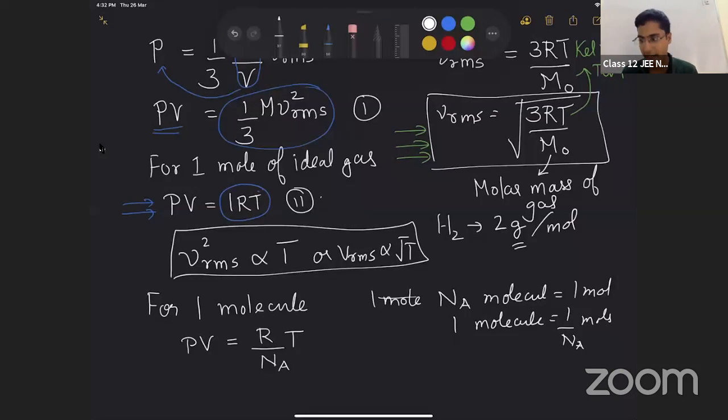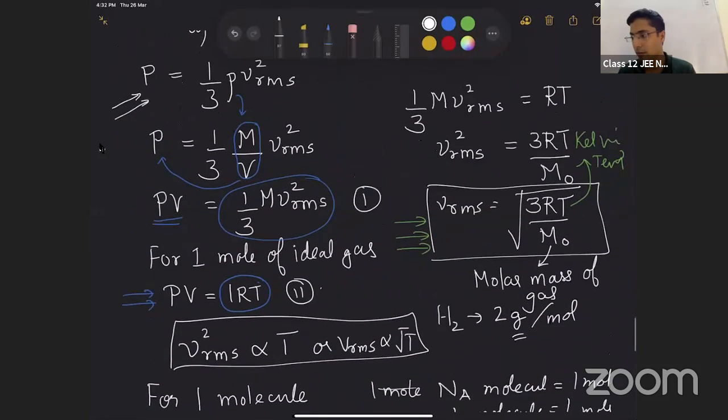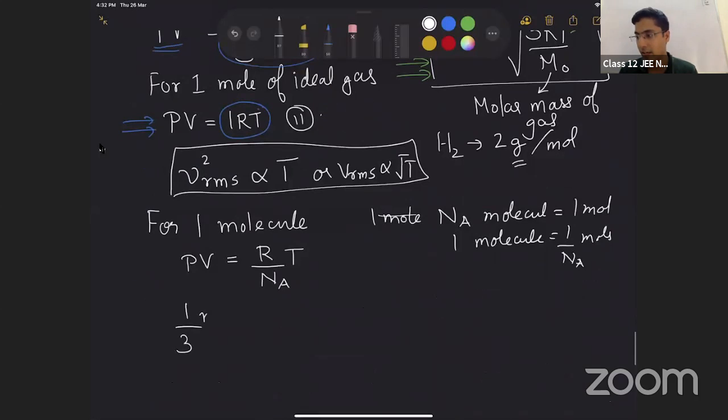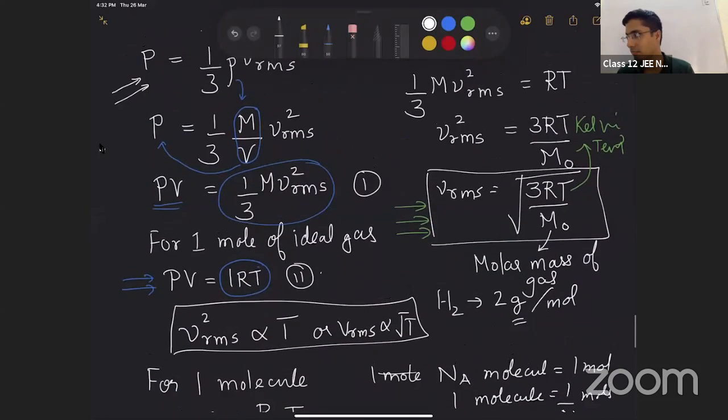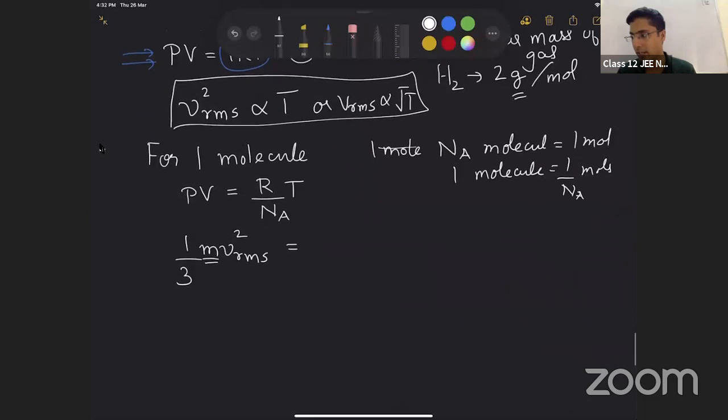So for one molecule, PV equals R by Na into T. And for one molecule, 1 by 3 m v RMS square, where m is the mass of one molecule, equals R by Na into T.